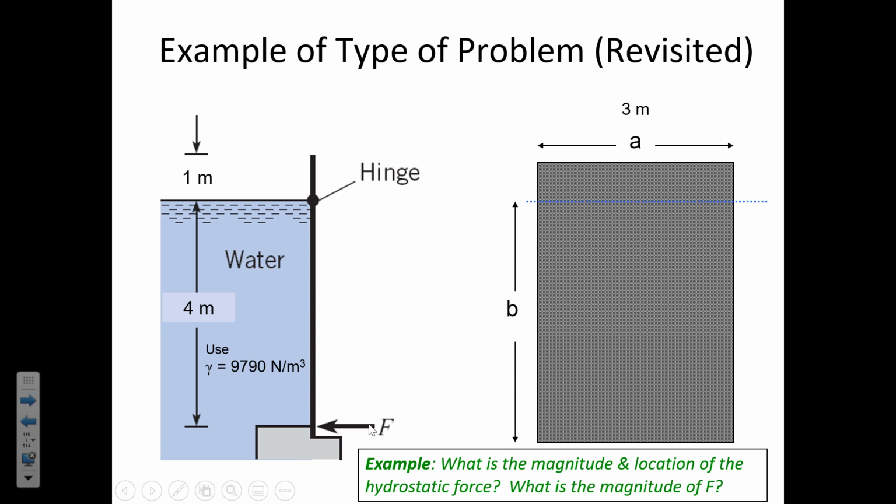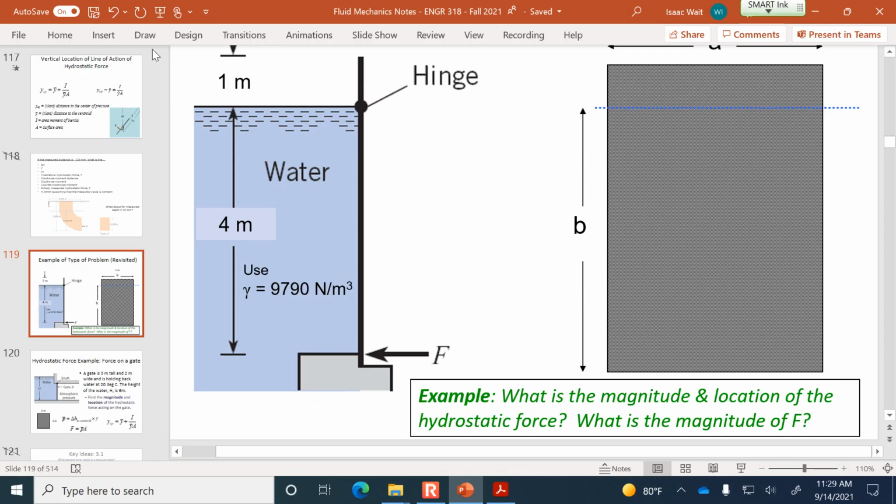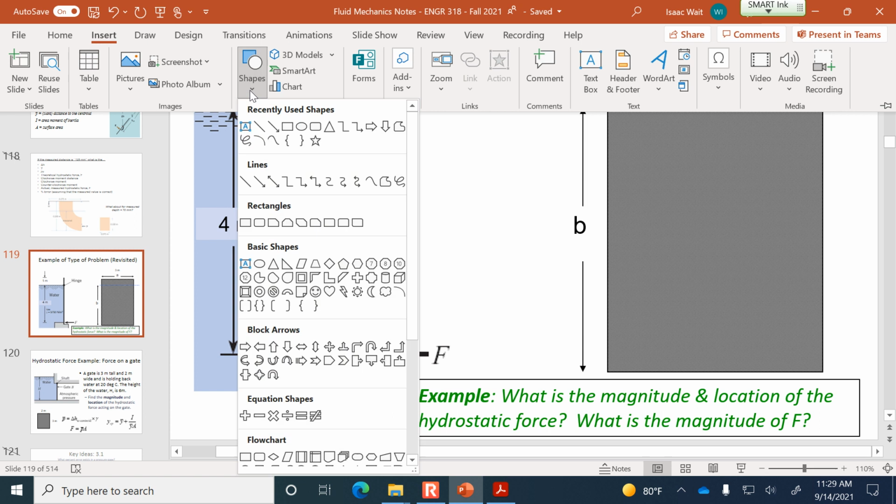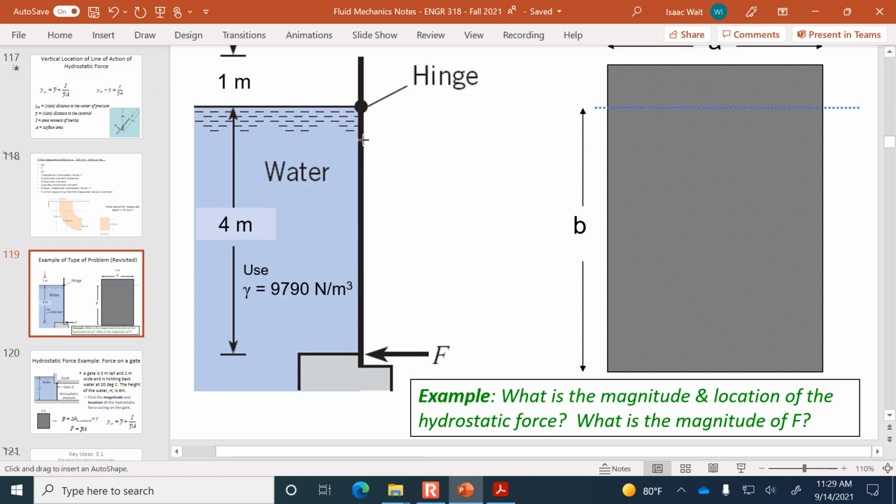So this force F, which is pushing in a clockwise direction, is meant to ensure that the gate is in equilibrium and that it doesn't rotate and the water doesn't spill out. Okay, so we know the magnitude of the force. Let me draw that in real quick.